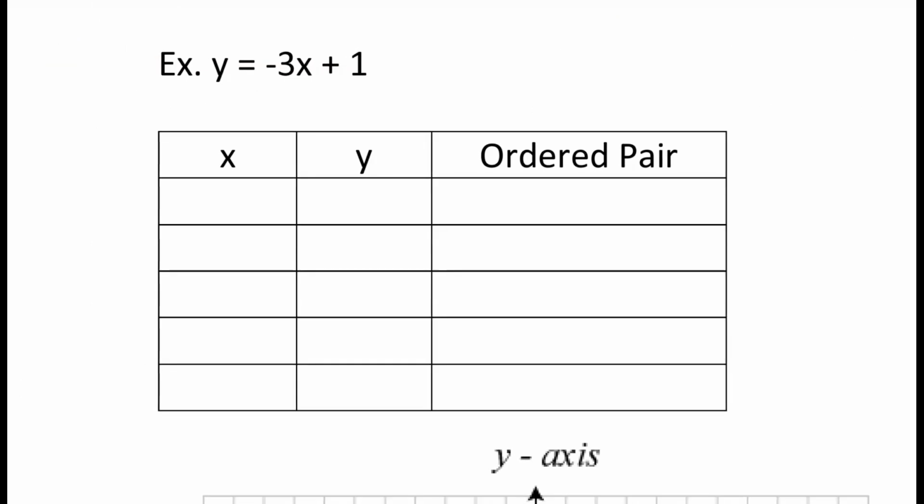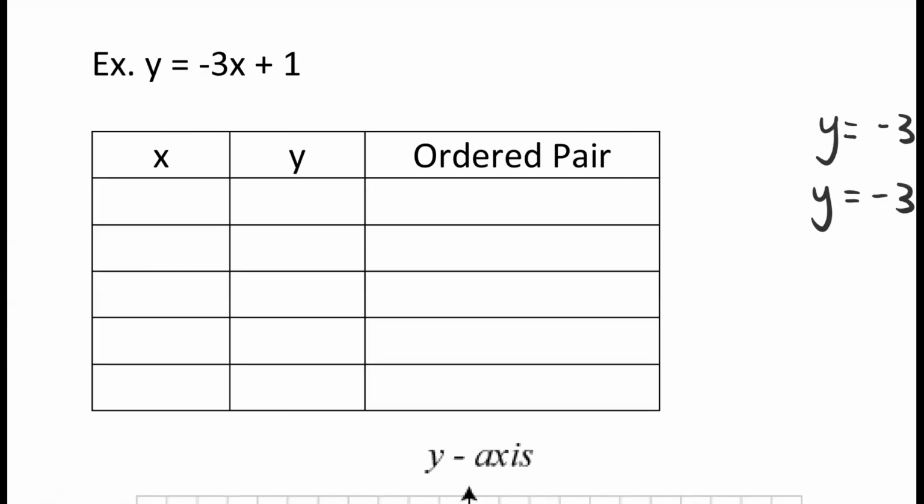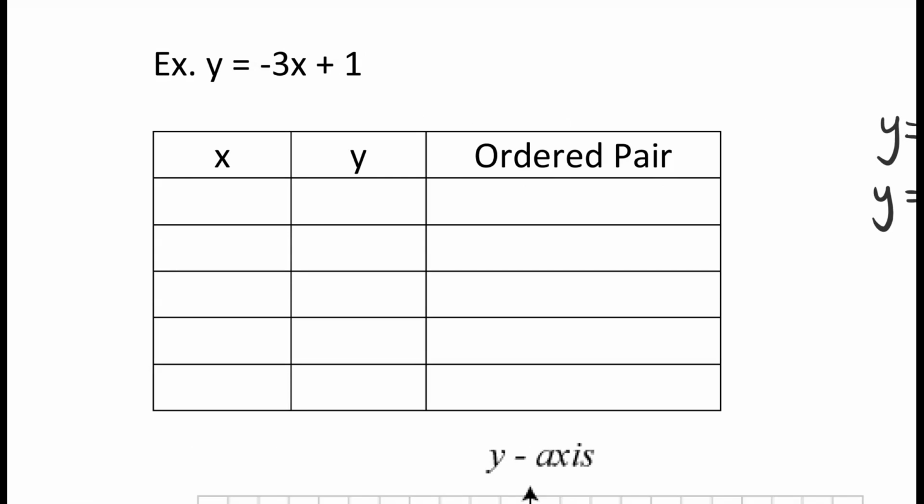In the next example here, we have y equals negative 3x plus 1. Now we have to come up with a value for x. Looking at our table here, we can fit from negative 2 to 2. So negative 2, negative 1, 0, 1, and 2.